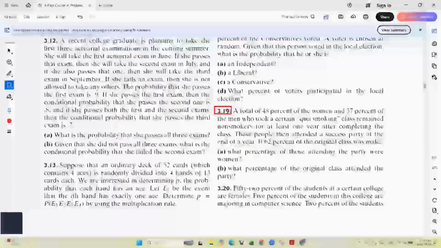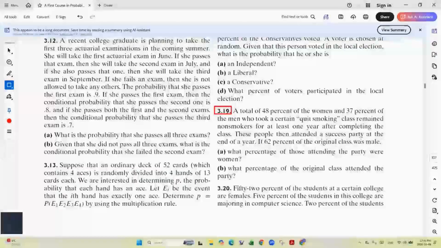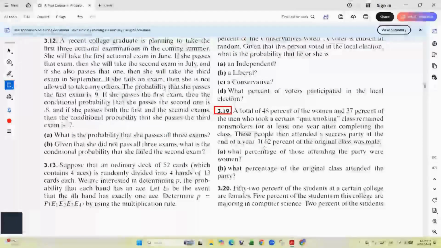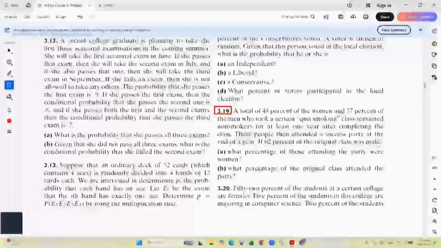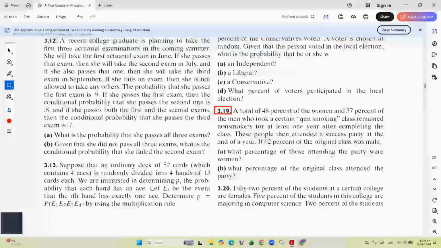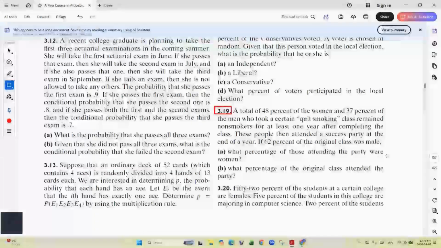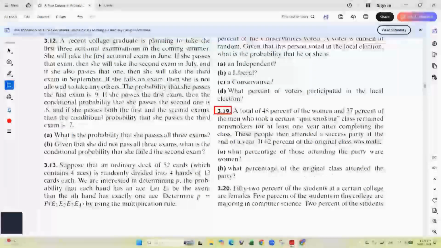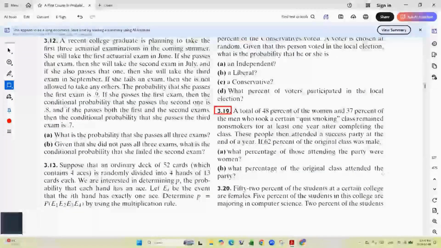These people then attended a success party at the end of a year. If 62% of the original class was male, what percentage of those attending the party were women? What percentage of the original class attended the party?